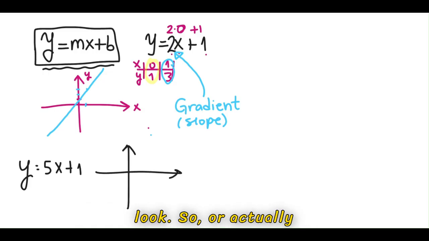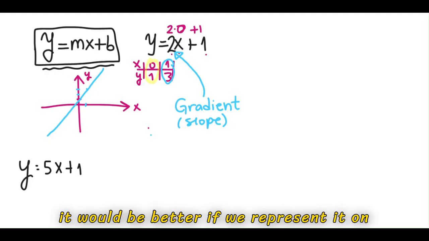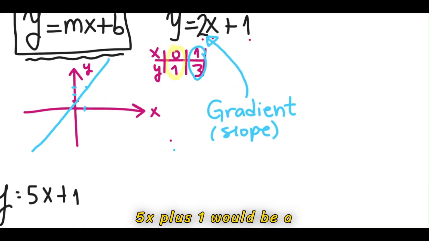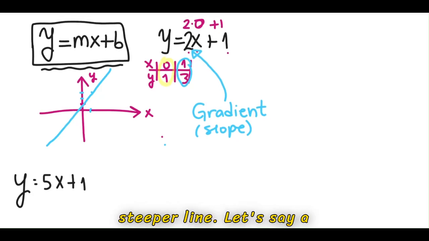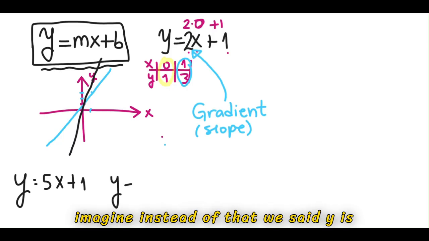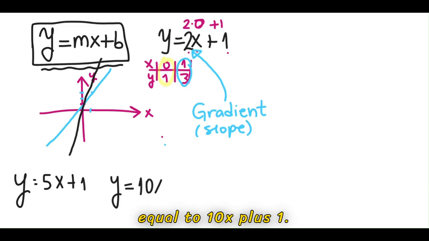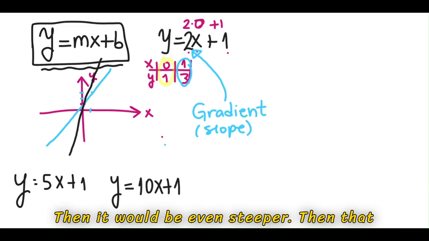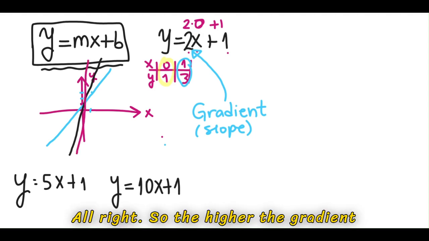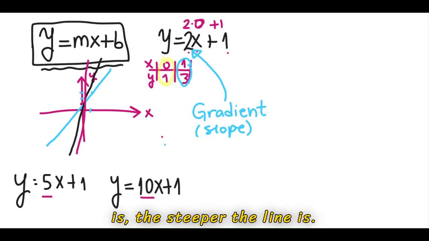Or actually, it would be better if we represent it on the same coordinate plane. So, 5x plus 1 would be a steeper line. Let's say a line like this. Or imagine instead we said y is equal to 10x plus 1. Then it would be even steeper. Then that line would look like this. Alright? So the higher the gradient is, the steeper the line is.